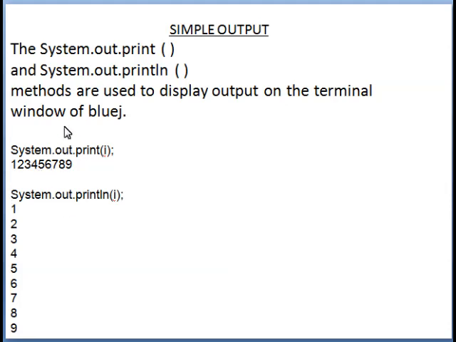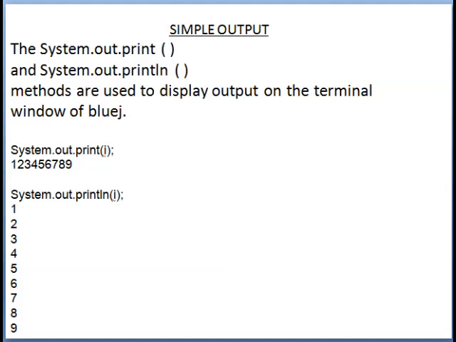So system.out.print and system.out.println, both statements are used to display the output, and we can also take input from the user. So these are called input and output statements used in Java.